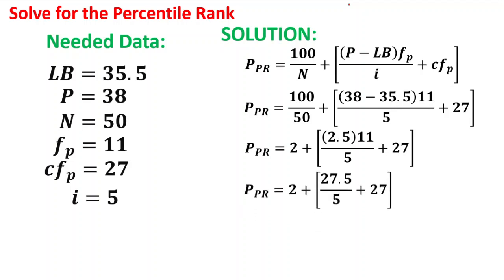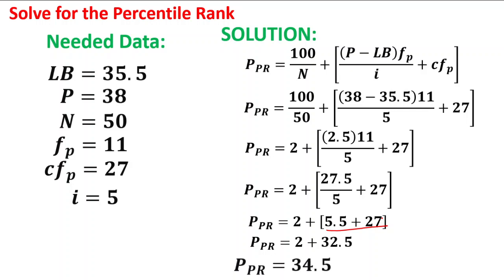And then 27.5 divided by 5, that is approximately equal to 5.5. And 5.5 plus 27 is equal to 32.5. Okay? And 32.5 plus 2 is equal to 34.5. And 34.5 is approximately equal to 35.